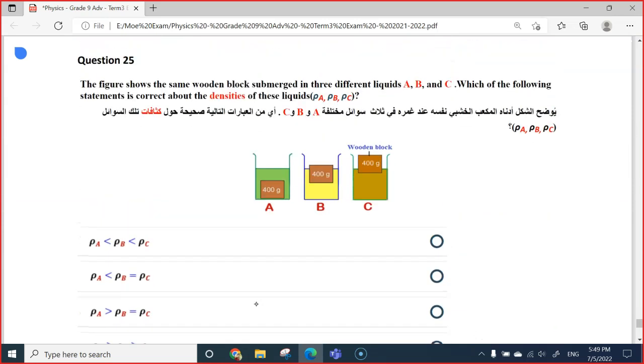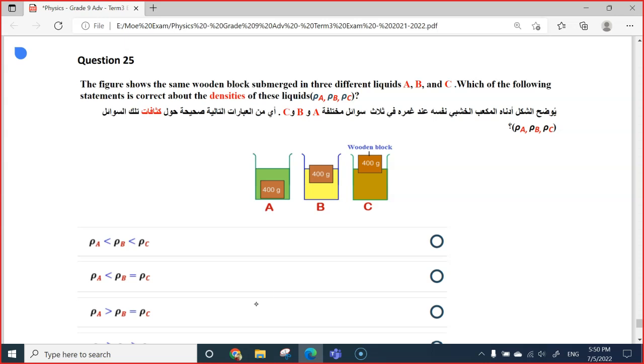So this is the last question. The figure shows the same wooden block submerged in 3 different liquids A, B and C. Which of the following statements is correct about the densities of these liquids?